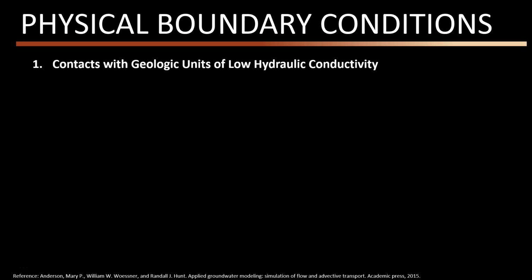As you know, 3D groundwater models look like this, and technically we need to find the boundary conditions at the bottom, at the top, and also at the sides of the system.